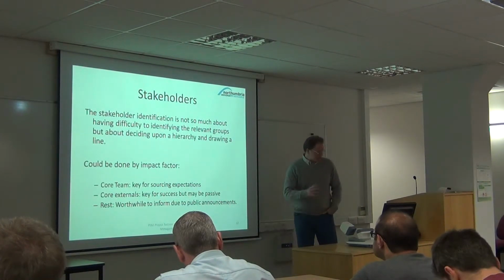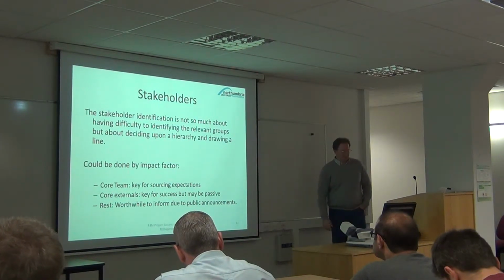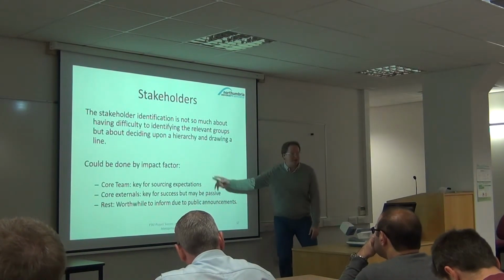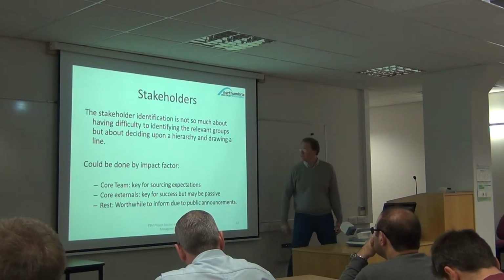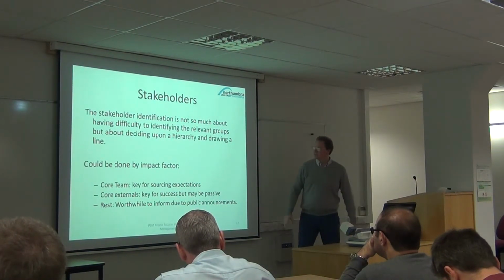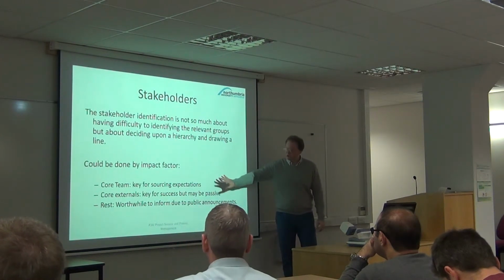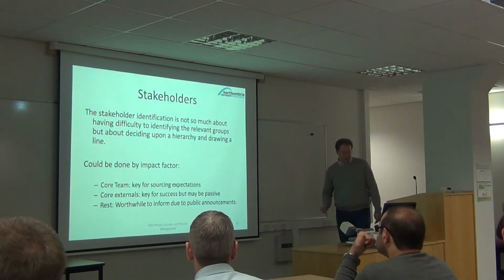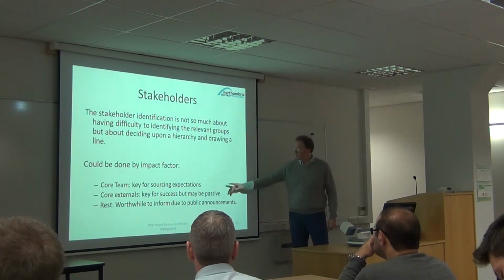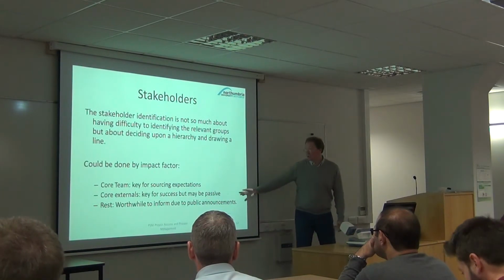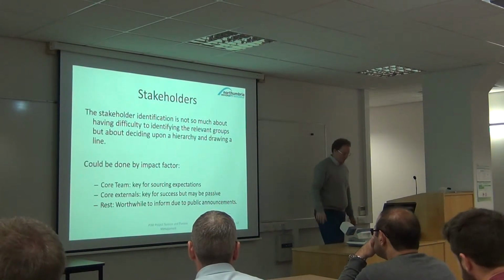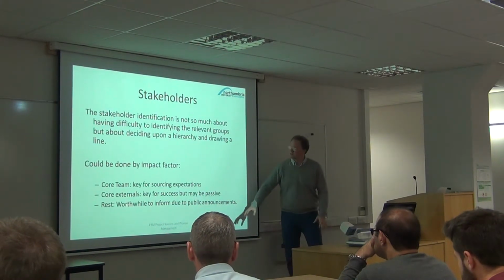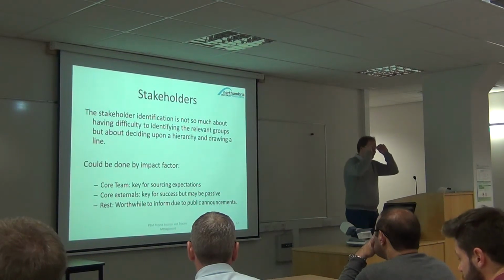So when you started, who should be included in, first of all, finding out who the stakeholders are, because depending on who you ask the questions, you have very different answers. Normally a simple way of doing it, prioritizing by impact, is you should have your core team involved, key sources of expectations, and then core externals, key for success but maybe passive, and then the rest worthwhile to inform due to public announcements, media, sometimes even creating the idea of how life could be better.